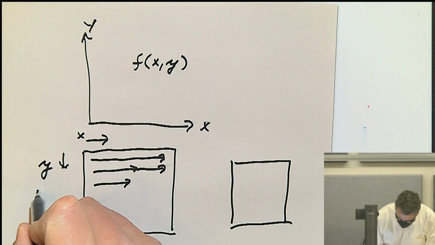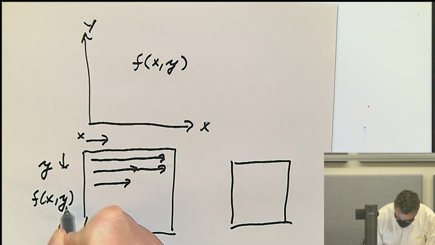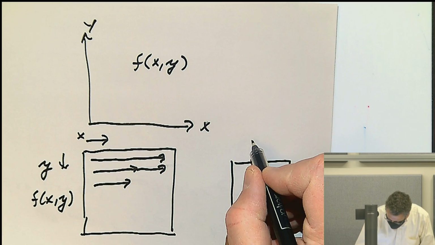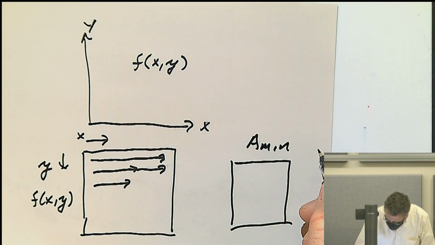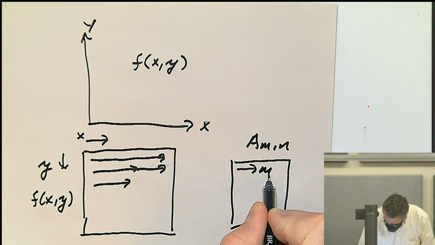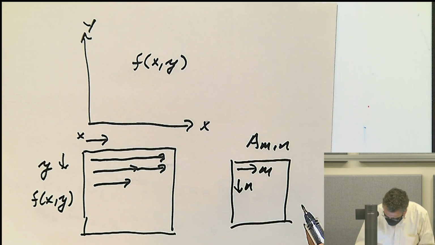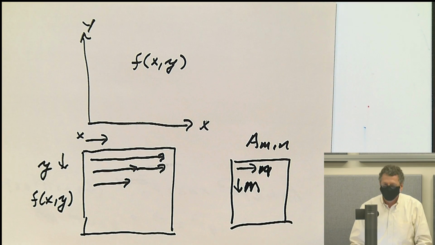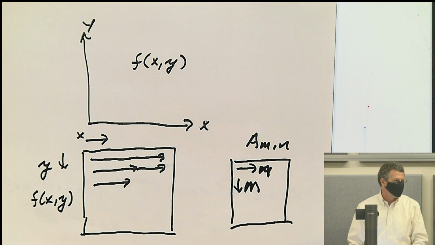And here you have F of X, Y, but Y now goes down that way. But over here you have A of M, N, and this is M, and that's N. Oh, no, this is M, and that's N. Oh, it's totally confusing.